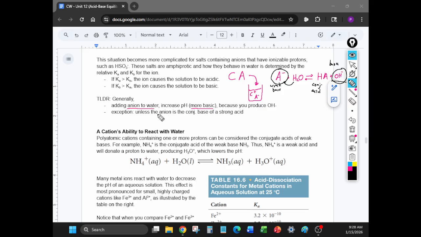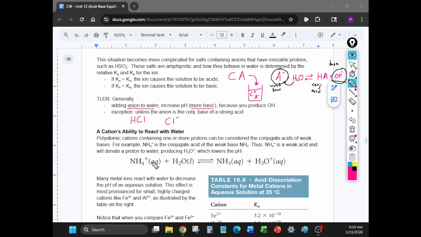Now, the exception is that if the anion is the conjugate base of a strong acid, this is not going to take place. So for example, let's take a look at a strong acid like HCl. This is your strong acid. The conjugate base of this strong acid is Cl minus, right? Because the acid is going to ionize the hydrogen, so the conjugate base is Cl minus.